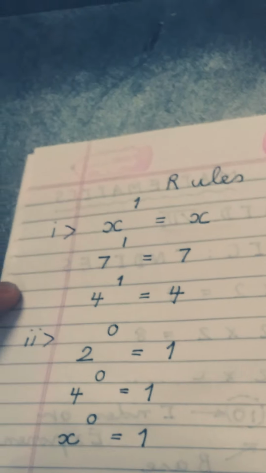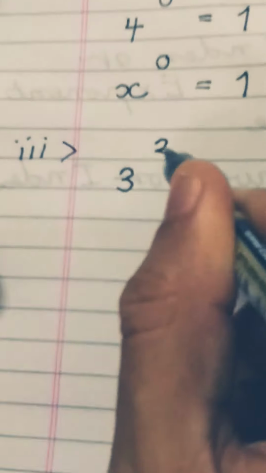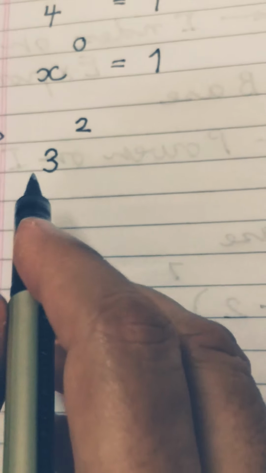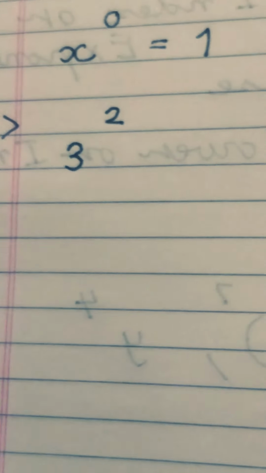Now, two special descriptions regarding indices. Suppose we have the power as 2. So, obviously, we read this as 3 raised to the power 2.